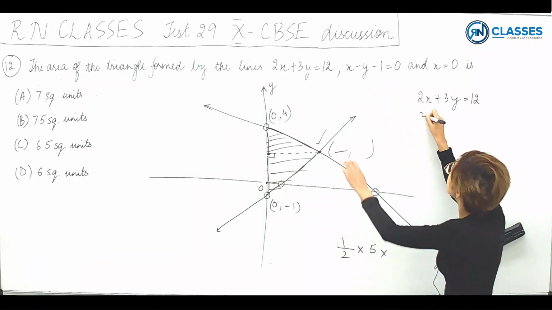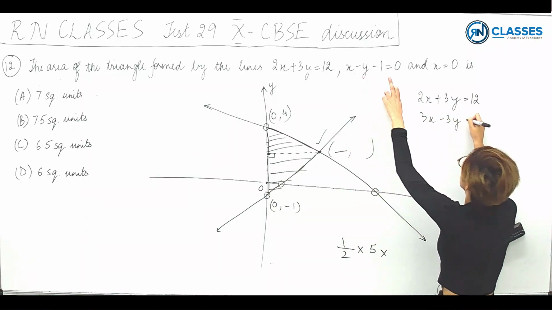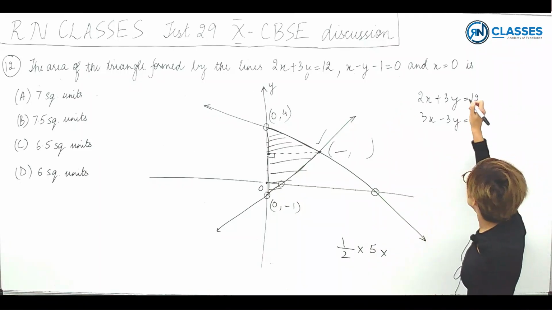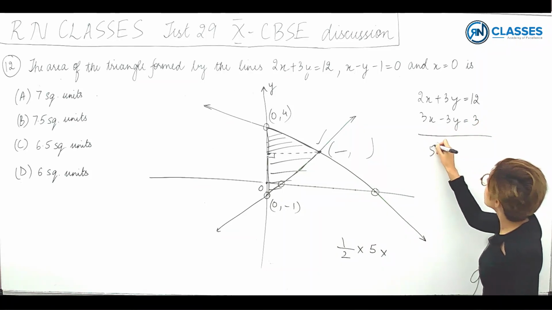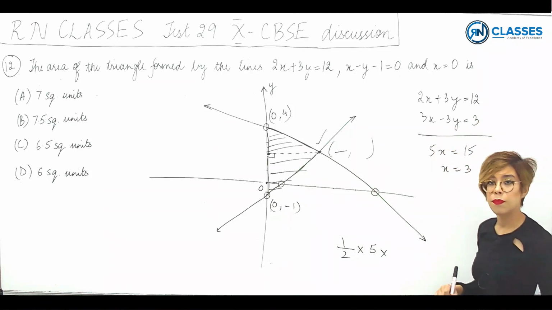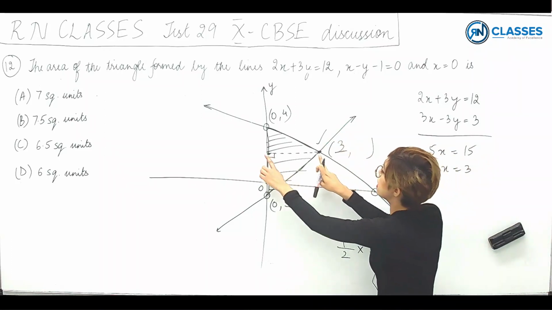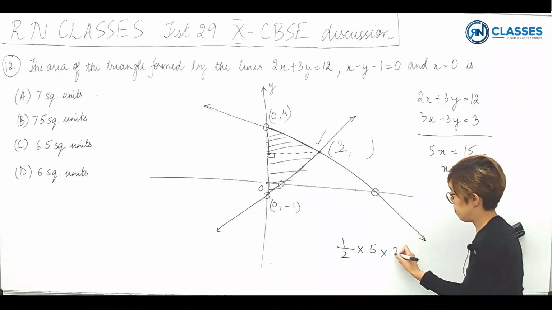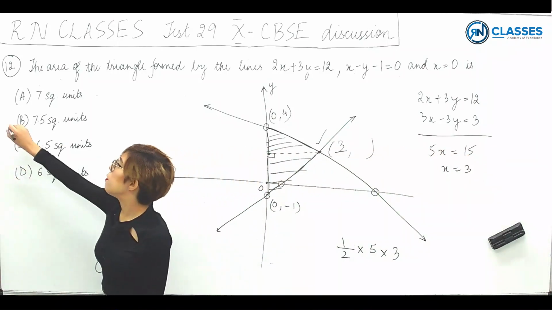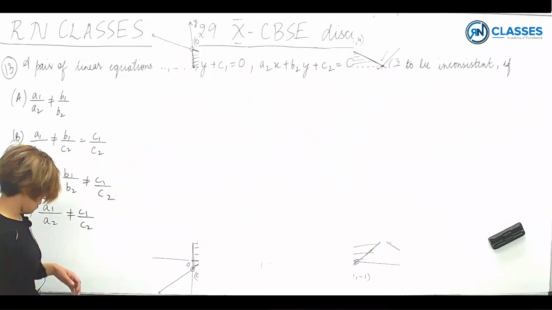So 3x minus 3y minus 3 equal to 3 कर देते हैं. Right? Now let's add the two equations. 5x equal to 15. So x will be 3. Right? So that means this distance will be 3. Height is 3. So this is 15 by 2, or I can say the answer is 7.5 square units.